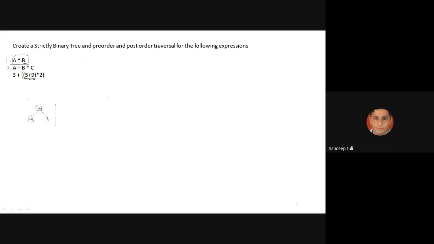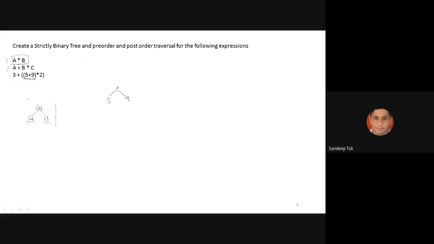5 plus 9 can be written as 5 plus 9 in tree form. As I have already explained, in every mathematical expression, the root node will be an operator and the leaf nodes will be operands. So 5 plus 9 will be represented this way.